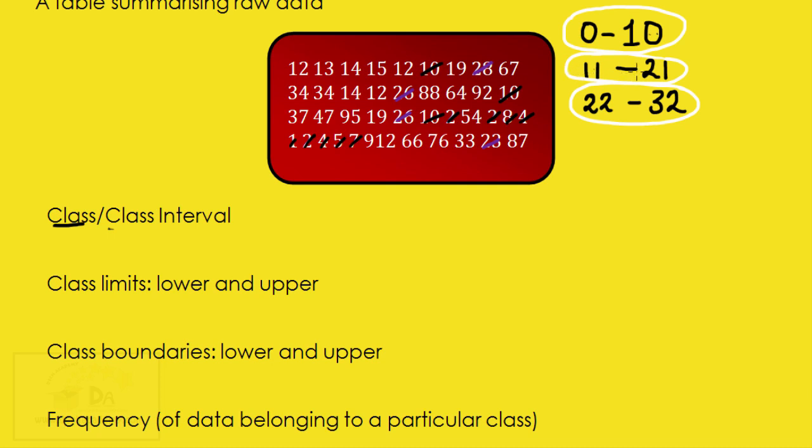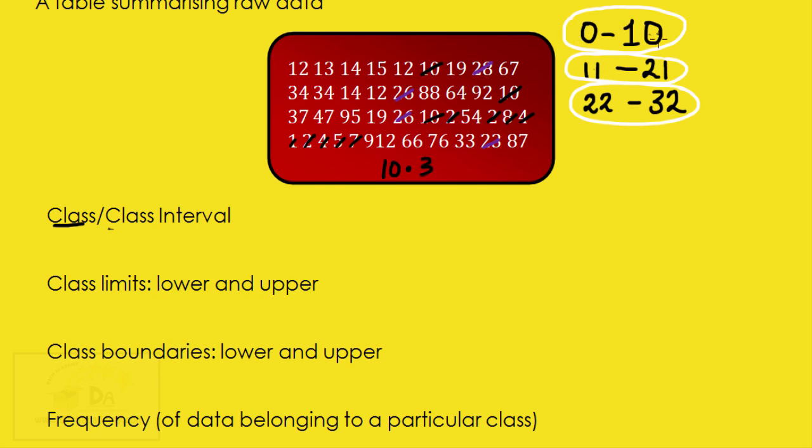For the next class, 11 to 21, the lower class limit is 11. So what one can do is notice that, for instance, what about numbers like 10.1, 10.2, 10.3, 10.4, 10.5, 10.9, and so on? What class would they belong to? Assuming they would, let's say there was a number like 10.3.